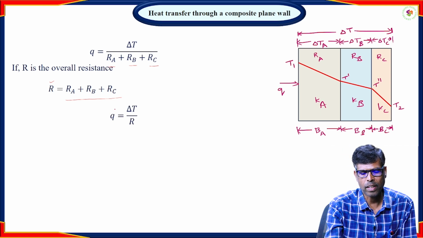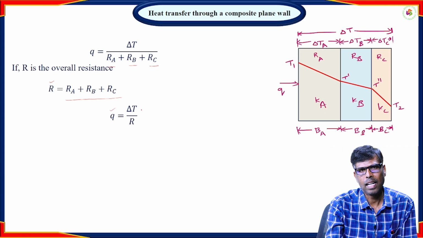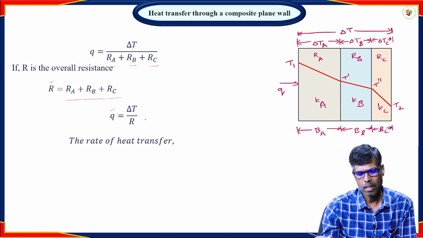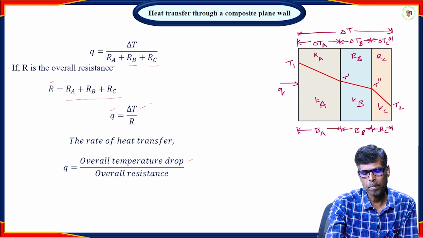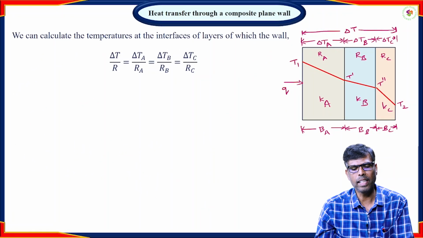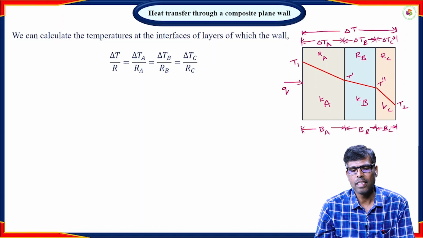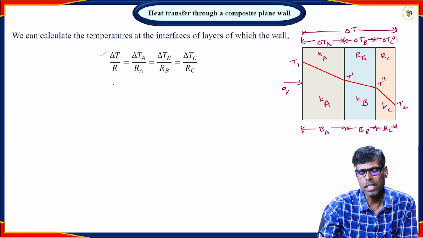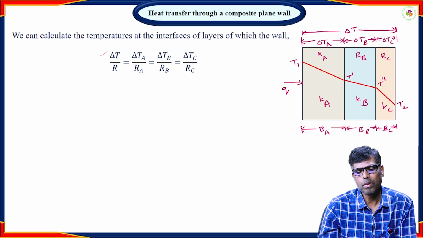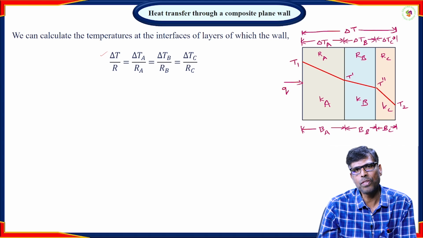From the above equation, we can write Q is equal to delta T by R, which is the overall temperature drop divided by the overall resistance. And we can calculate the interface temperatures of each layer from this equation: the ratio of overall temperature drop to overall resistance is equal to the ratio of individual temperature drop to individual resistance.